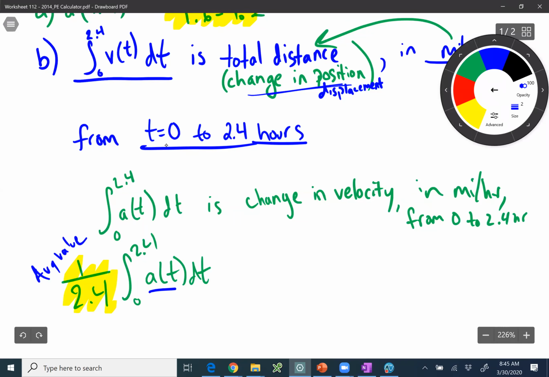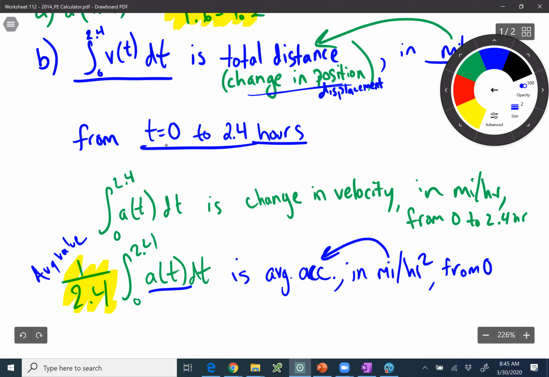And we want to think, okay, what's inside is a of t. So it's the average acceleration. And then our units would be our units for acceleration. So in miles per hour squared. They don't chop off, they stay, whatever that is, from 0 to 2.4 hours.